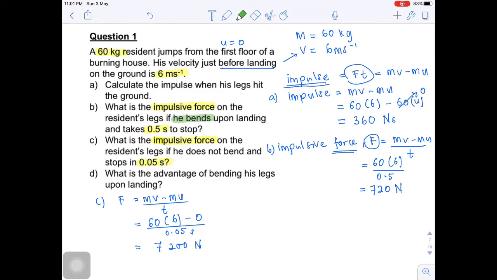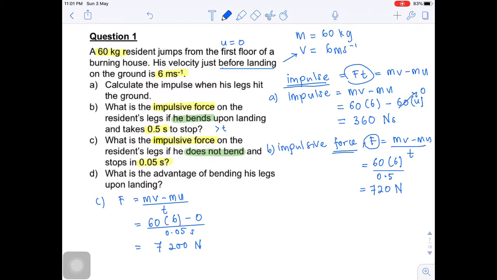Compared to C, what is the impulsive force on the resident's legs if he does not bend and stops in 0.05 seconds? If he bends, he takes a longer time. The time is greater.